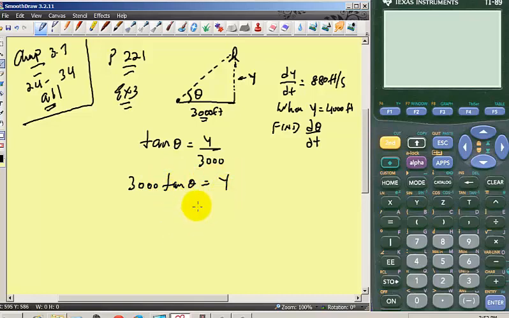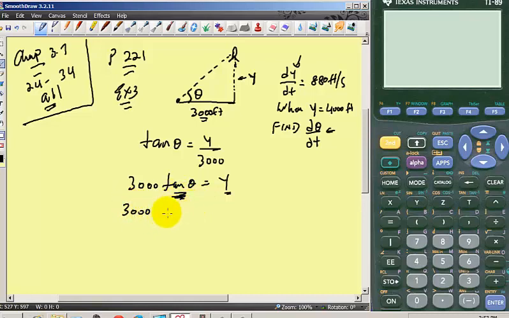Now I'm going to take the derivative of this. Before I take the derivative, check and see you have all the information. When I take the derivative here, I'm going to get d theta/dt, which I'm trying to find. When I take the derivative of this, I'm going to get dy/dt, and I'm okay. So I don't need to do anything before we start. 3,000 is just the coefficient.